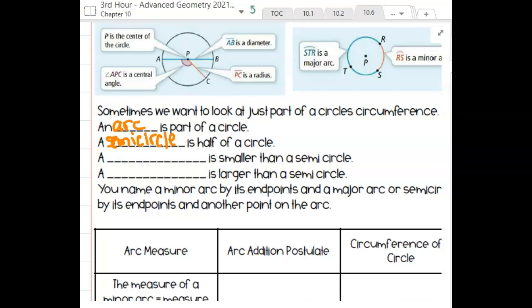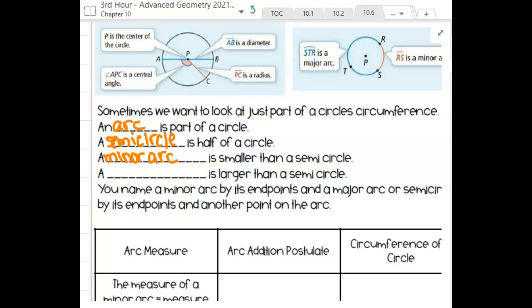Now, if you take that semicircle and use that to compare other arcs that I can create, if I have an arc that is smaller than a semicircle, so less than half of the circle, this is called a minor arc. A minor arc is basically less than half of a circle.